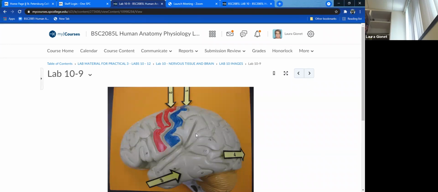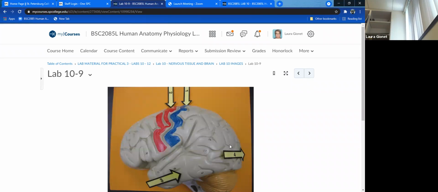You should be able to identify that's the cerebrum and what the different lobes are. You have frontal, parietal, temporal, and occipital. If I pull up on that frontal parietal area and pull down on the temporal, that's where the insular lobe is located. But in lab we generally don't ask you to identify it because the models won't let you peel all that away.